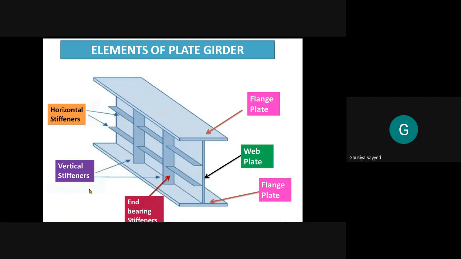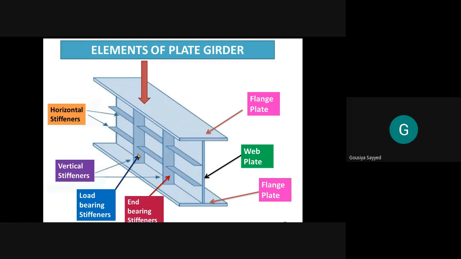So what is the end bearing stiffener? The stiffener which is provided at the end of plate girder is known as end bearing stiffener. And the stiffener which is provided at the point at which a concentrated load is supposed to act is known as load bearing stiffener.